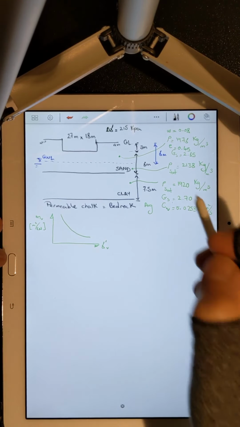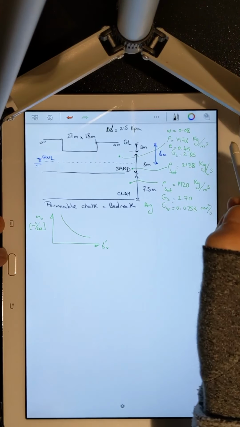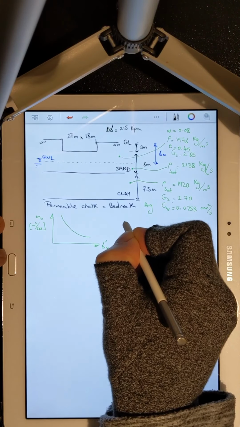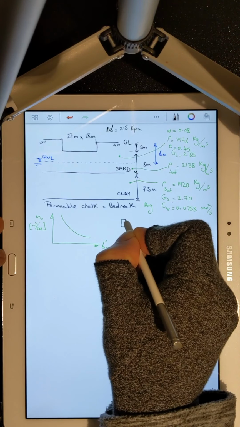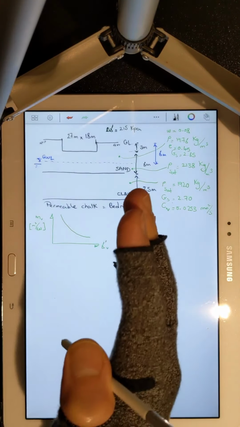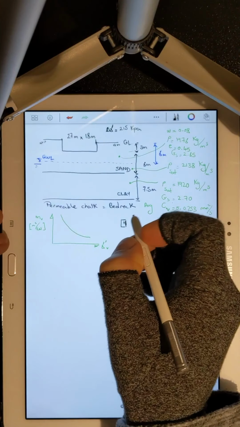We have a number of questions to tackle. Let's look into our questions. Question 1. We are after the total expected consolidation settlement for the center point of the foundation.